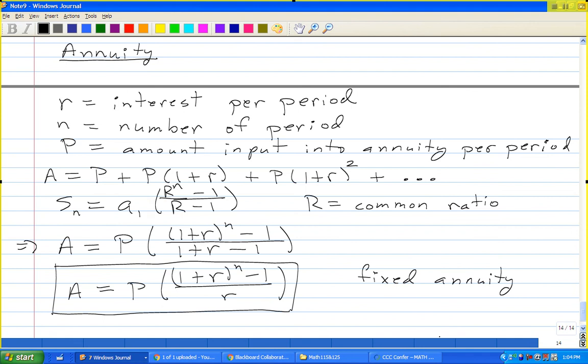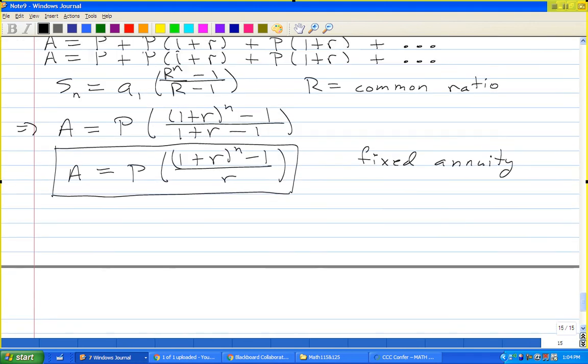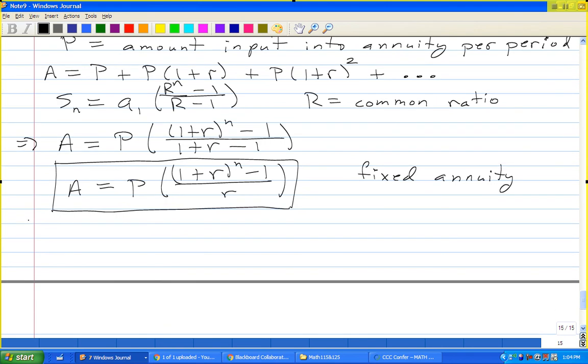Okay, and so this tells you the amount of money you have. So let's do an example here.